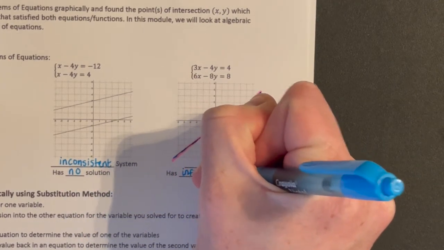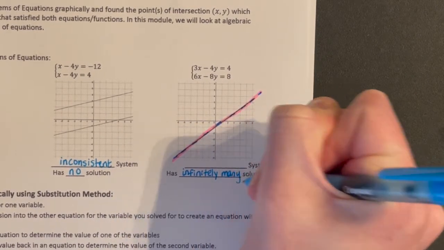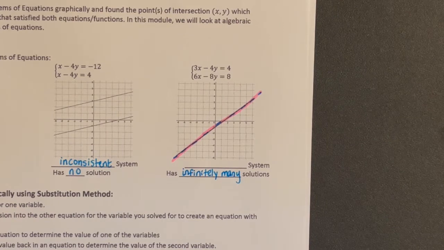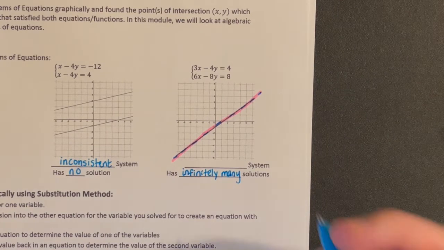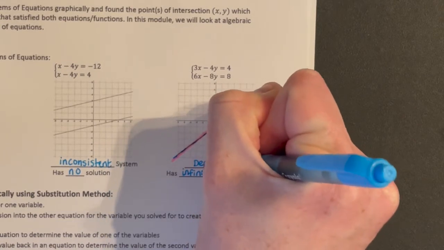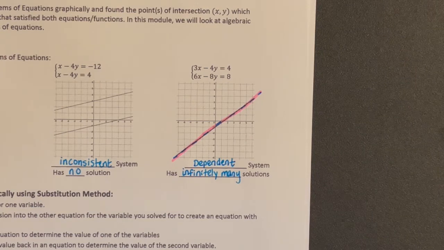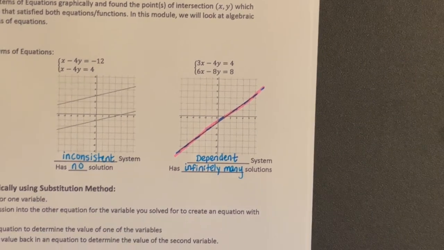So infinitely many solutions goes in that bottom blank. But the type of system that we're working with is called a dependent system. That's because our solution depends on what we choose for our x or our y.